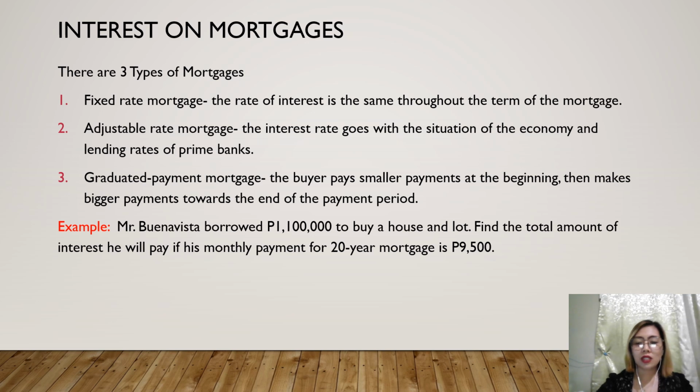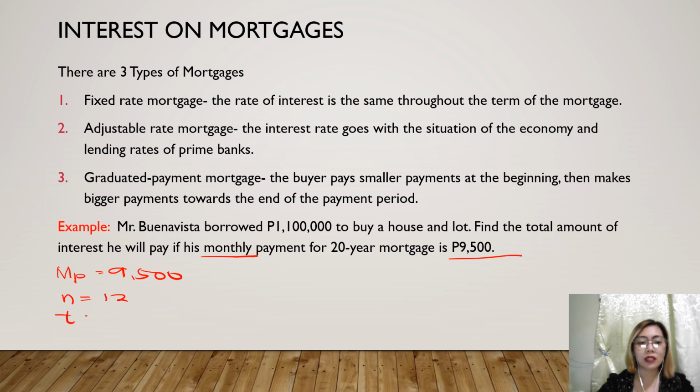So, as we have discussed sa previous discussion natin, yung mortgage periodic natin, ito yung amount na binabayaran natin. Okay? Ito siya. Okay, so kung ang binabayaran natin, depende dun sa period, which is monthly. So, ang N natin ay 12 monthly, tapos ang time natin ay 20 in years.